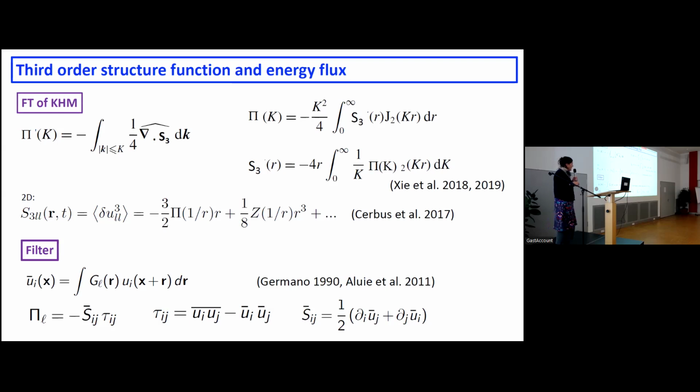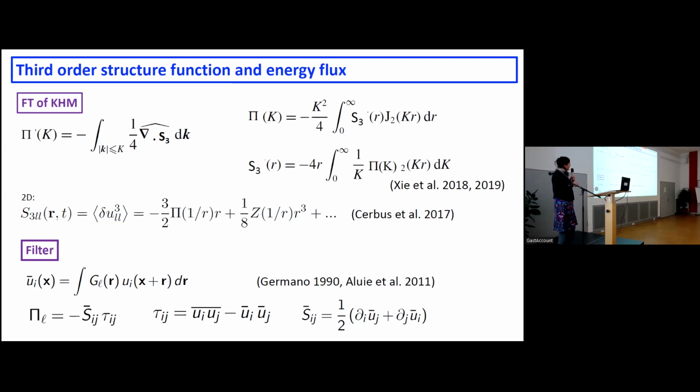And you can show, similarly to what we've looked at for the second order structure function, that you can also write this as an integral that involves second order Bessel functions. And you can also invert this relation, so you can express the third order structure function as an integral over the spectral flux.